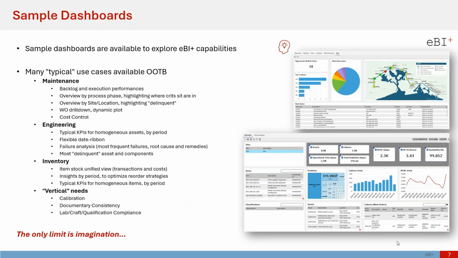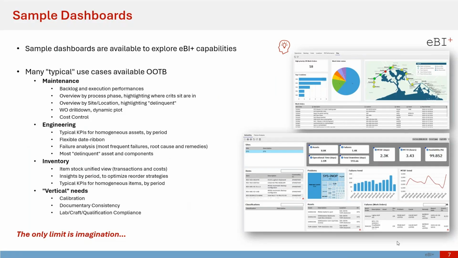We have a set of dashboards for inventory, to be able to, for example, display the trend of a stock over time, which is almost impossible to achieve in Maximo, and also analyze costs of your stock in the different storerooms.